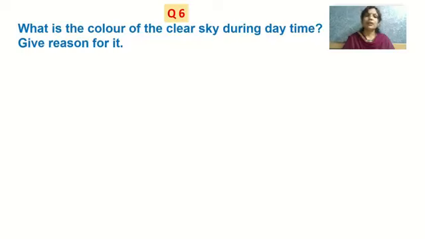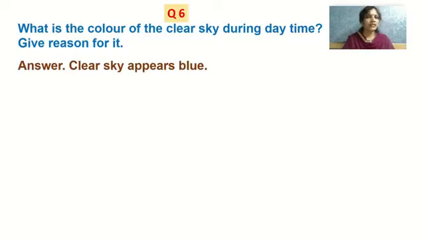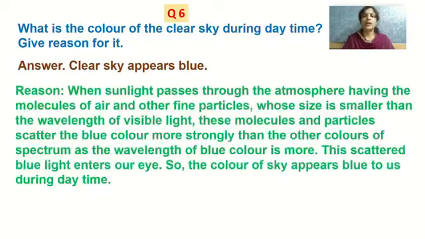The sky appears blue in color during the daytime, and the reason for that is when the sunlight passes through the atmosphere having molecules of air and other fine particles whose size is smaller than the wavelength of visible light, these molecules and particles scatter the blue light more strongly than other colors of the spectrum.